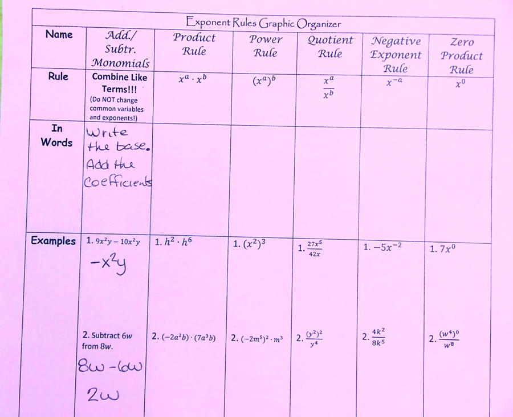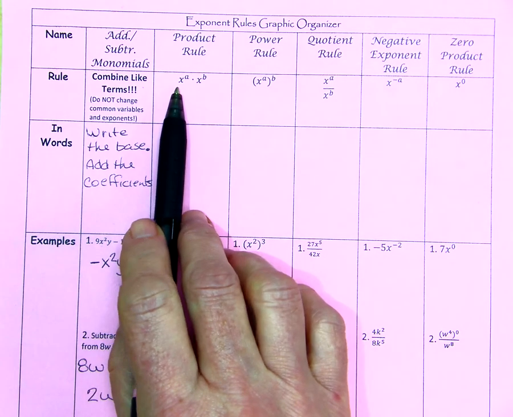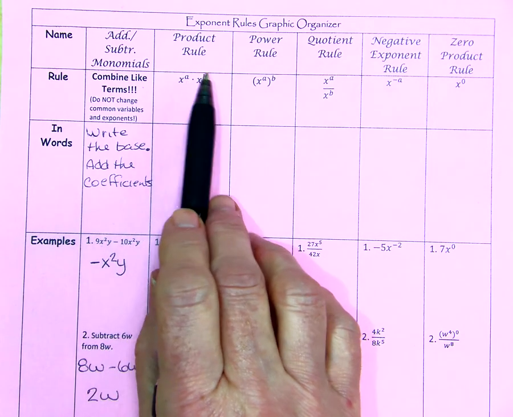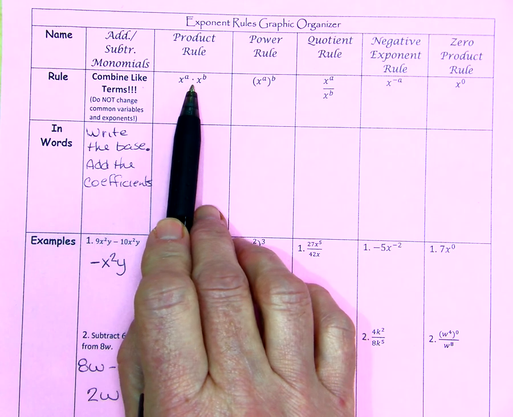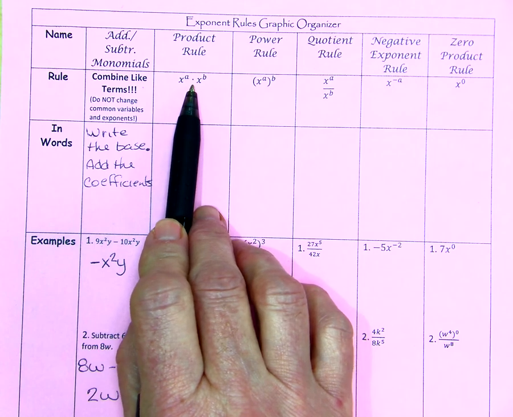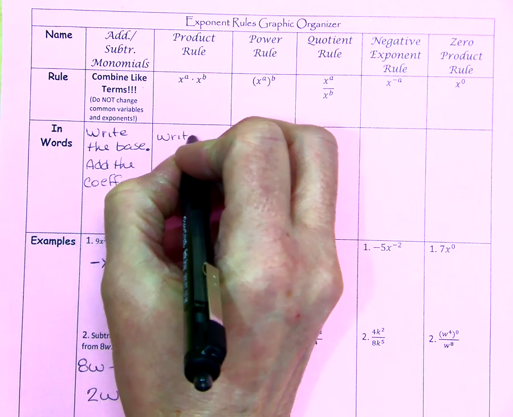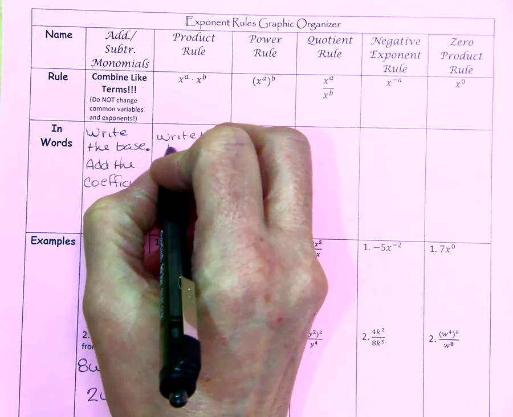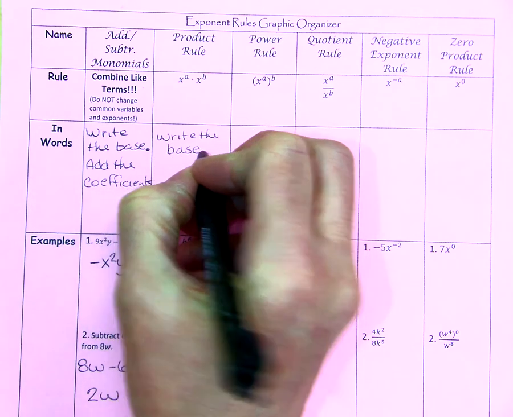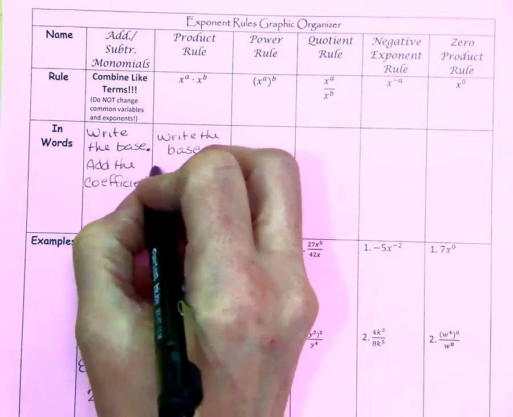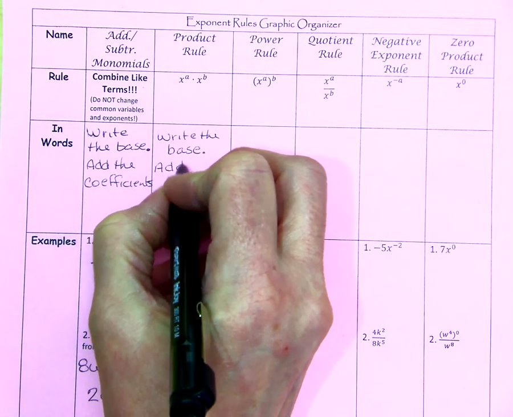The next rule we will look at is the product rule. This is when you have like bases, different exponents, and they are being multiplied together. So again, write the base, but this time we are going to add the exponents.